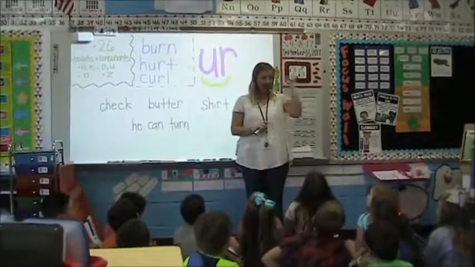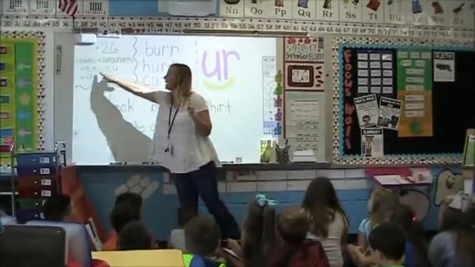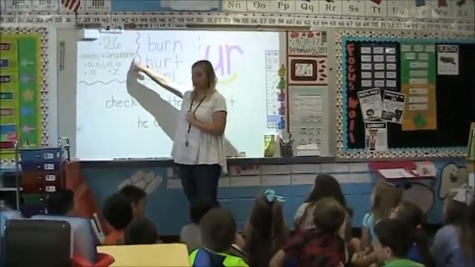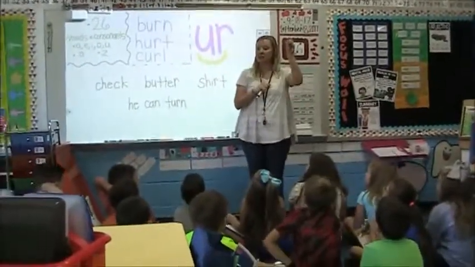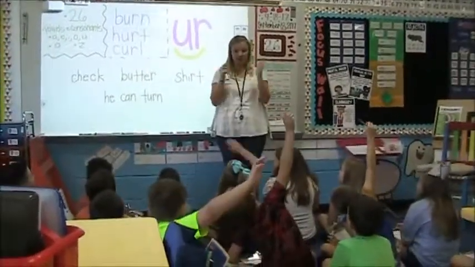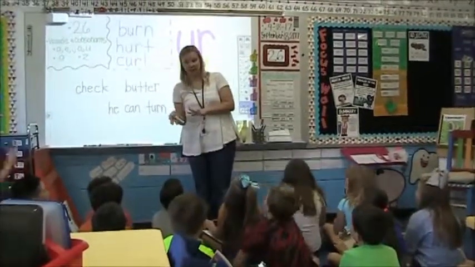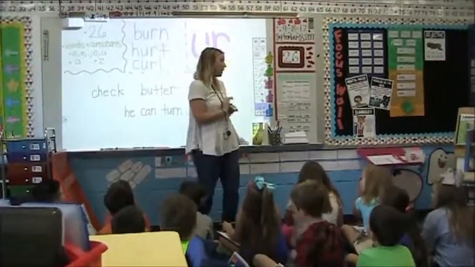Ready? A-E-I-O-U. Very good. All the other letters are called consonants. What's the letter at the beginning of our alphabet? A. And the letter at the end of our alphabet? Z. Very good. A starts our alphabet and Z ends our alphabet.